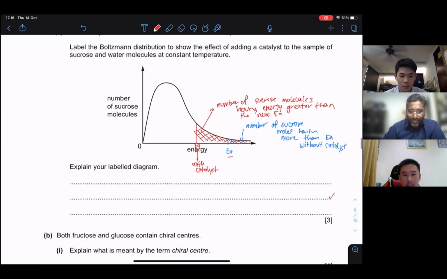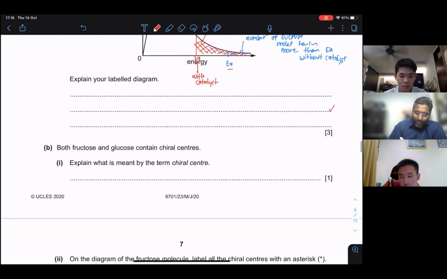Yeah, generally we use carbon. So just say carbon atom attached to 4 what? Just now you mentioned R group.